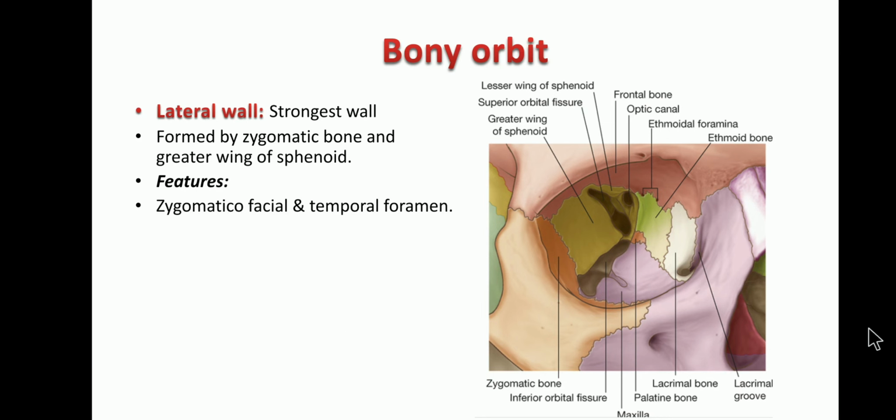Then you come across laterally one more small tubercle, which is called Whitnall's tubercle. Whitnall's tubercle will give an insertion to the lateral palpebral ligament. The lateral palpebral ligament will give attachment to the orbicularis oculi muscle, mainly the palpebral part. It will also give attachment to the lateral check ligament and the suspensory ligament of the eyeball.